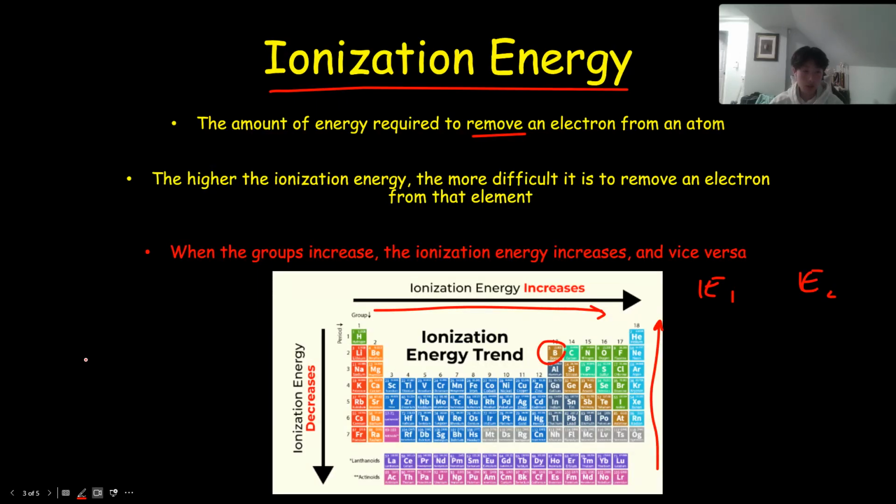So on the left here, I'll make a diagram which represents boron, just a rough sketch, because boron has 5 protons in its neutral state, so it'll also have 5 electrons.